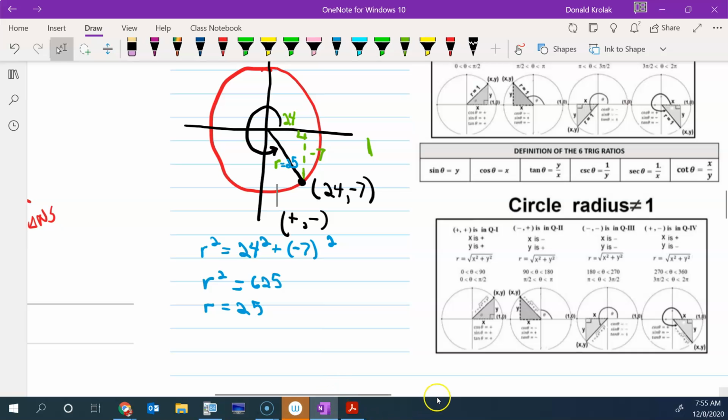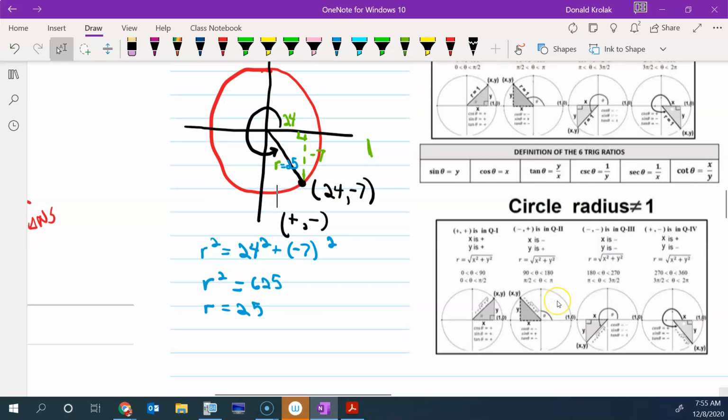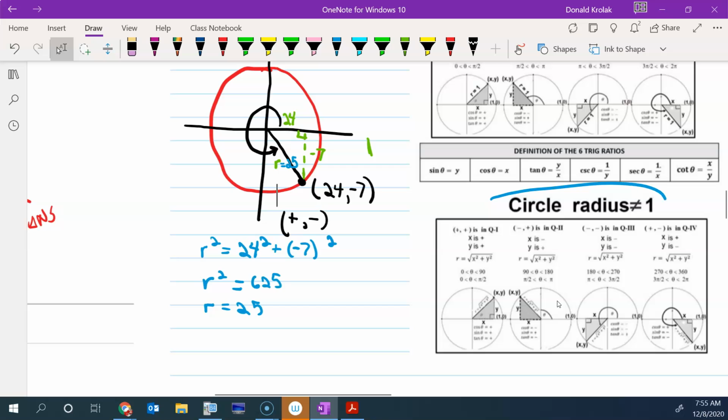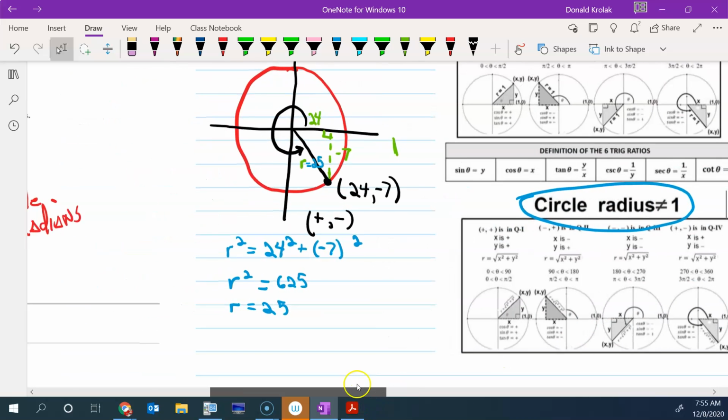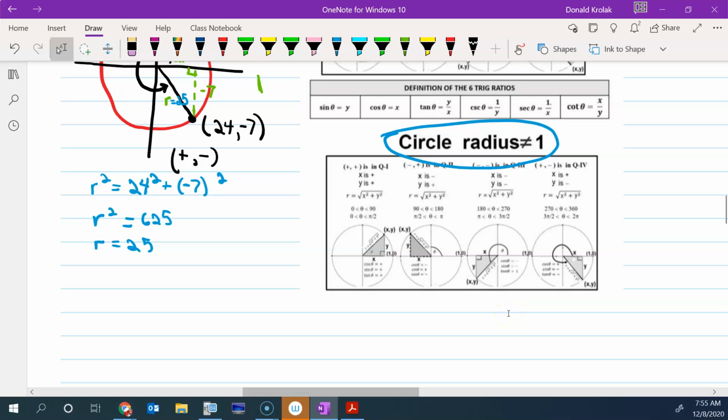All right, so we're dealing with a circle whose radius is not 1. Our radius was 25. So in this case, we're dealing with this situation right here.